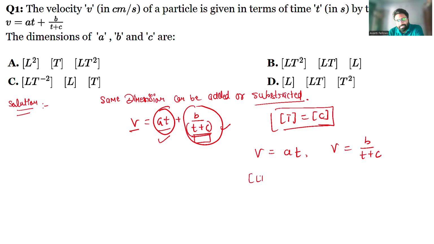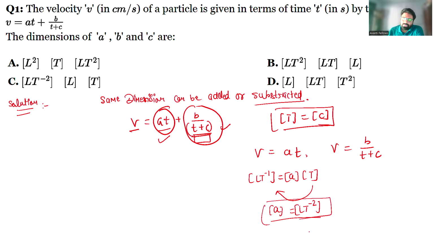It is LT minus 1, equals the dimension of A into the dimension of T. Now, you can take this T to the left hand side, and the dimension of A will become LT minus 2. This quantity is also termed as acceleration, but we are not talking about that. So the dimension of A is LT minus 2.